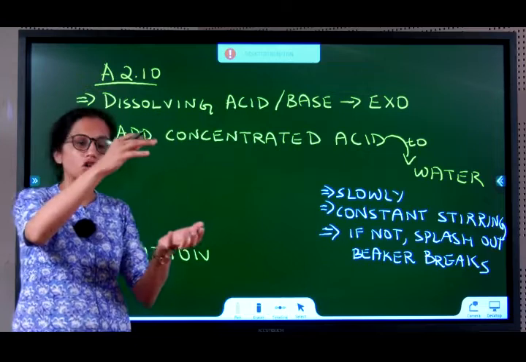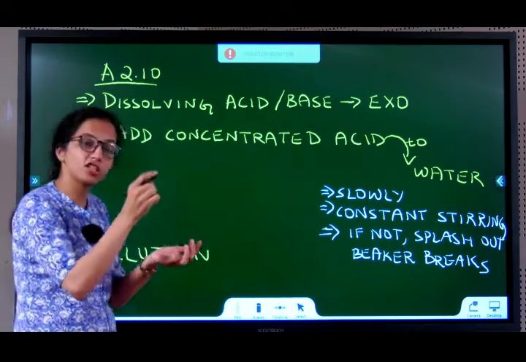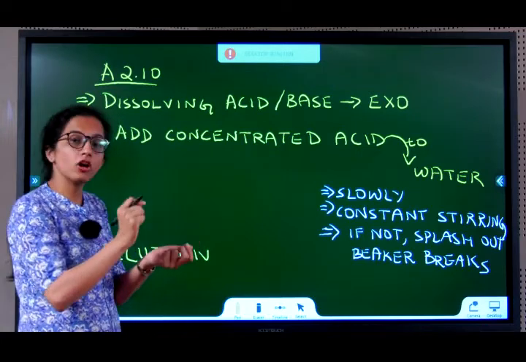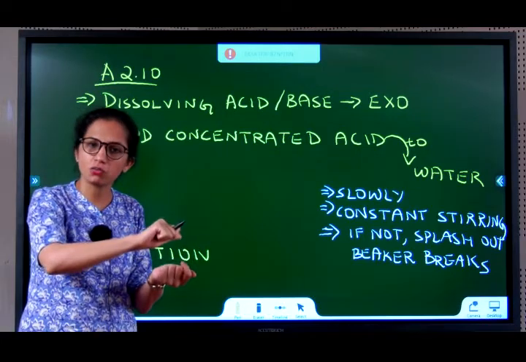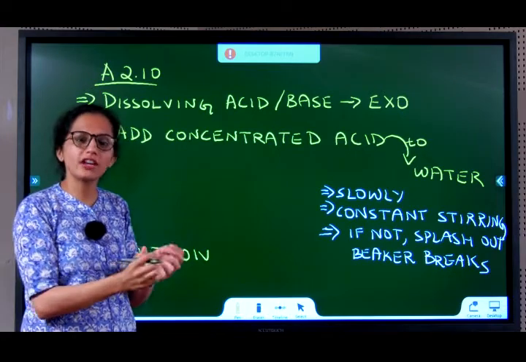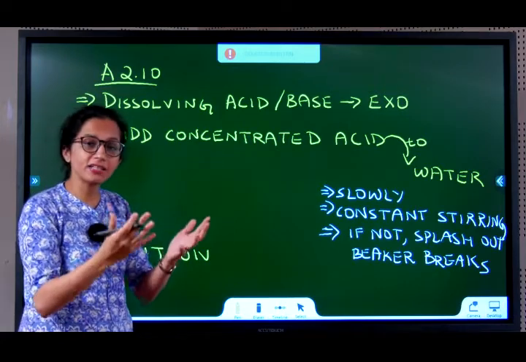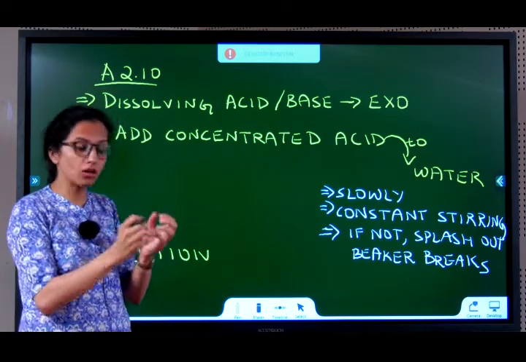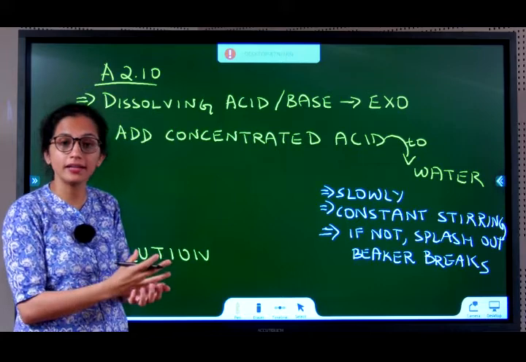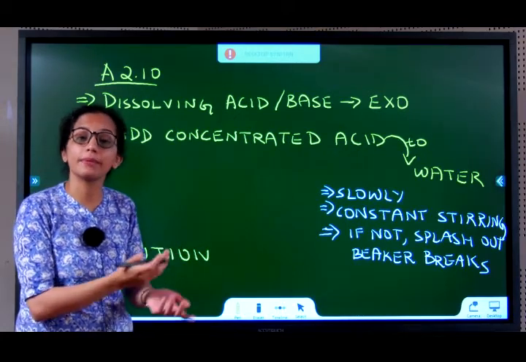If you're adding a concentrated acid to water, you are supposed to add it slowly. Why? If you add it very, very fast, what will happen? It is an exothermic reaction. Too much heat will be generated, the acid will splash out. If it splashes out, you may get burnt, and because there is too much heat liberated, the glass beaker may break.